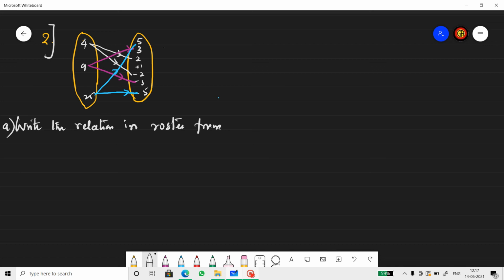Well, the answer for that is R equals set bracket. You can see in the diagram, remember the first set is x, the second set is y.